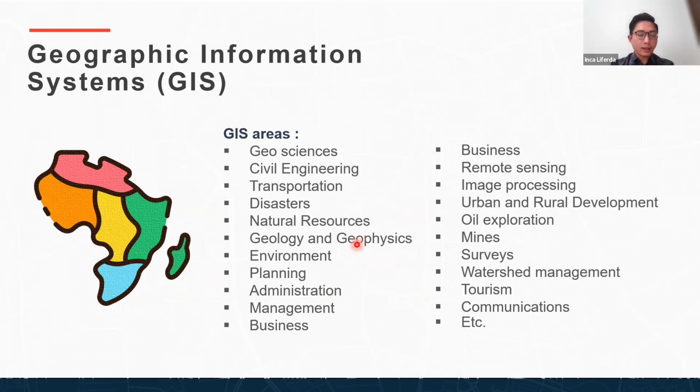So there are a wide range of areas that have already implemented the GIS. In this area, for example, especially in logistics and supply chain, the GIS will be very useful, because later I'm going to explain the use of the GIS in transportation and also logistics, particularly in routing decisions.